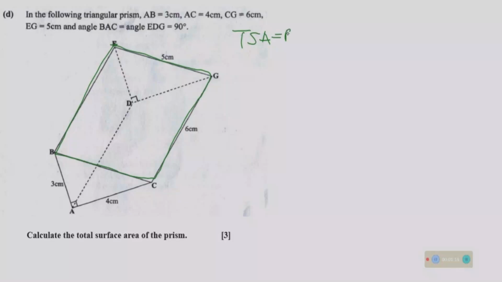Then we say plus, after this surface area, we have another surface area, the one down here, which is ACDG.